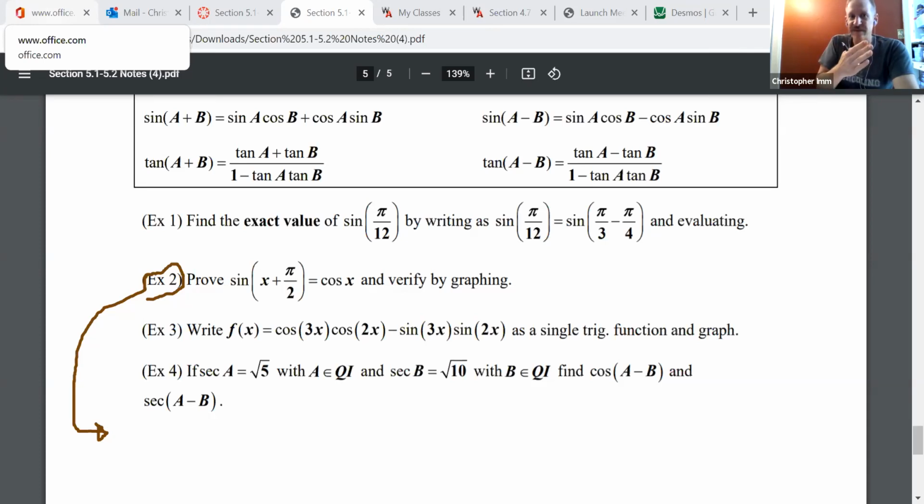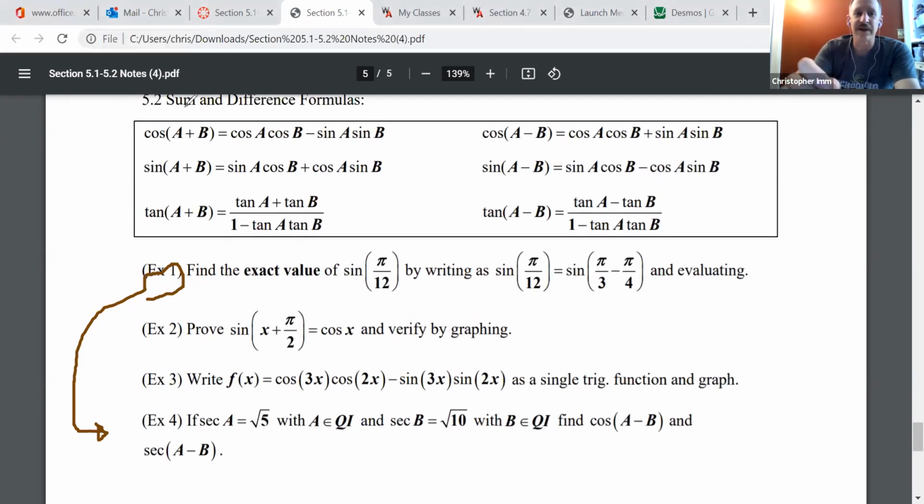So horizontal shifts, horizontal stretches and compressions are always sort of counterintuitive. Great. So we should be able to prove that cosine of x is just sine of x with a shift of pi over 2 units to the left. Well, which formula would we use to prove that?